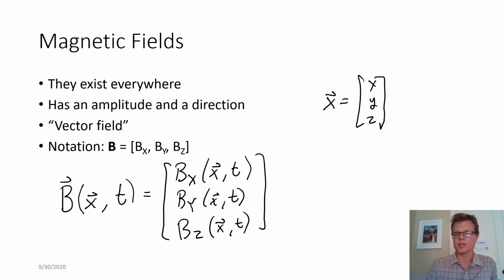In most general notation, we could say this magnetic field B that has three directions, Bx, By, Bz, exists at all points in space, x vector, which is x, y, z, and it can also change over time, which is certainly something we will do a lot of in MRI.